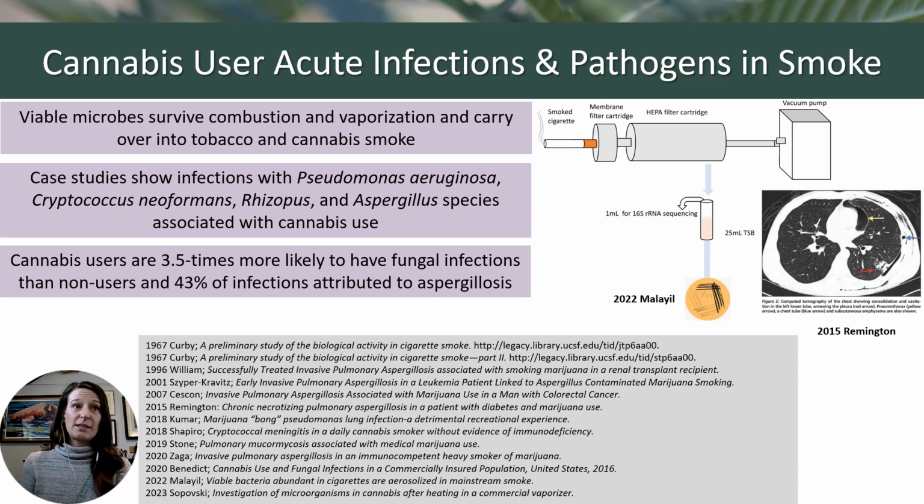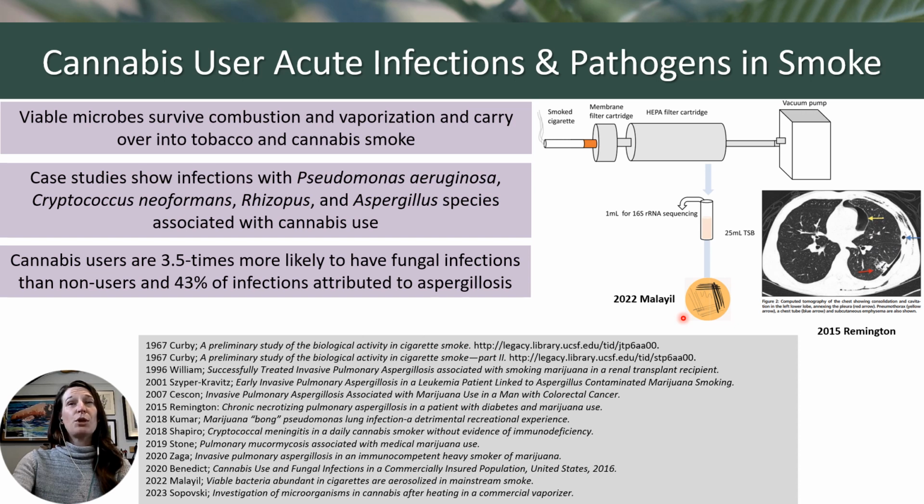We've known that these viable microorganisms can survive combustion, and we can see that even in this more recent paper from 2022, where this research group rigged a cool little aseptic pulling technique to take in metered amounts of the smoke, identify those microorganisms by sequencing, and then plate them to see how viable those microorganisms were.